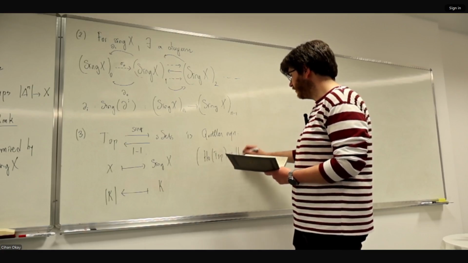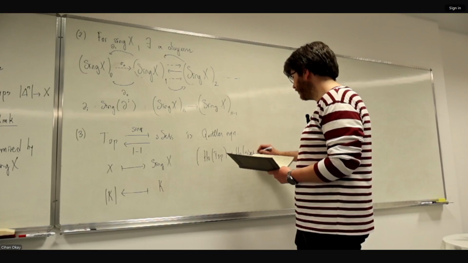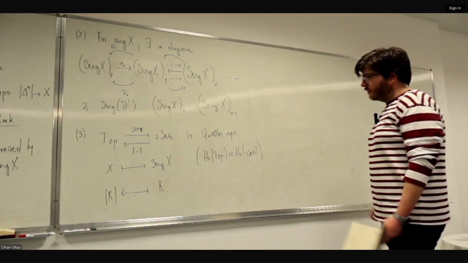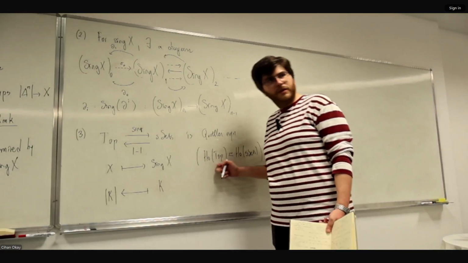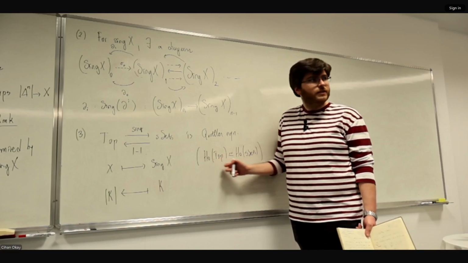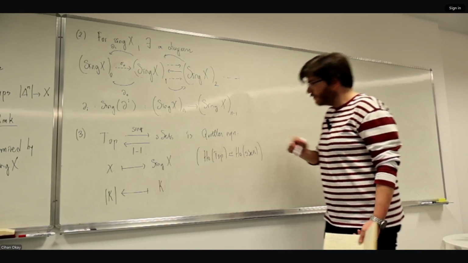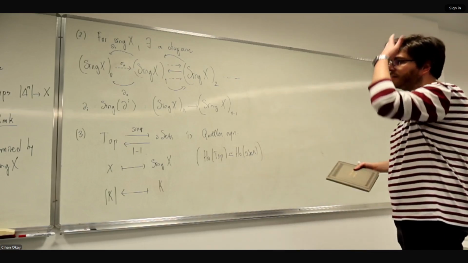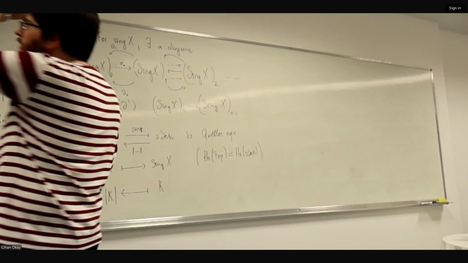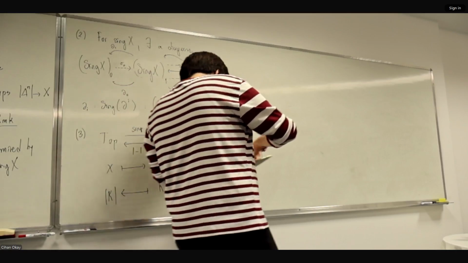Homotopy category, same thing. If you want to study topological spaces up to homotopy type, it's enough to study simplicial sets. So this is another important property, or fact. What else?